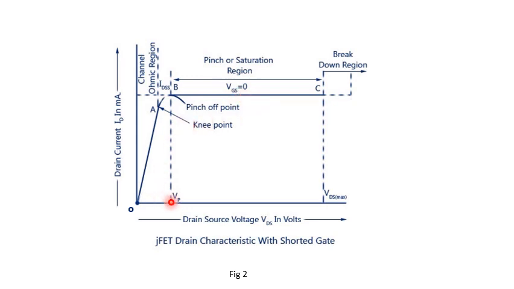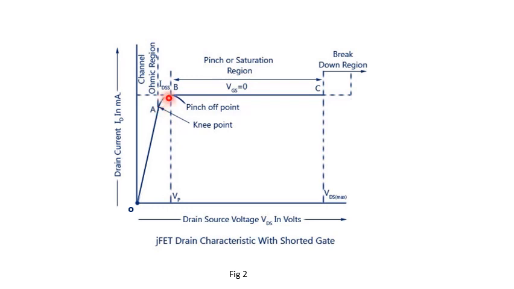As we can see from the figure, when the drain source voltage VDS is increased from 0, the drain current is increasing sharply in a linear manner, along a straight line. After a certain point, beyond the point A, the rate of increase of drain current is slightly reduced.